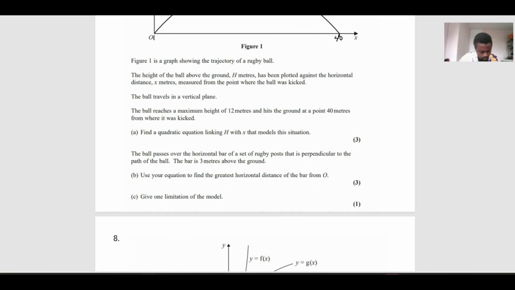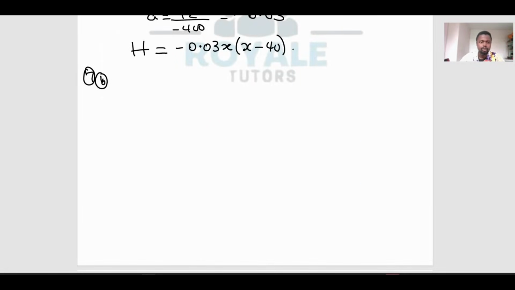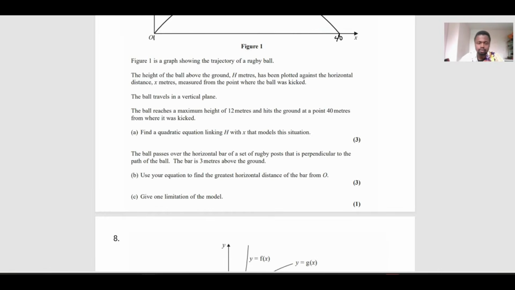So now, it says the ball passes over the horizontal bar, then the ball is 3 meters above the ground. So we want to find the value of x that produces a vertical distance of 3 meters. So we come here, h is 3, and then we want to find what value of x that is going to be. So I need to check something quickly. h is measured in meters.